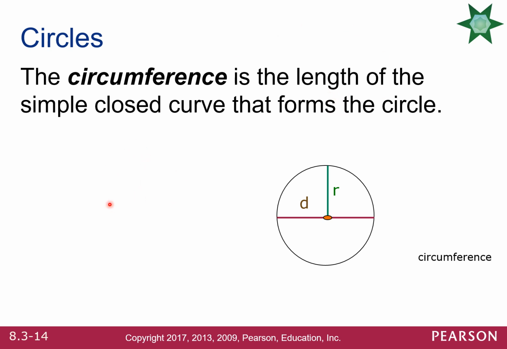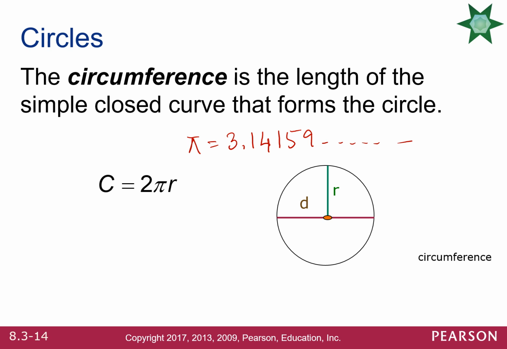And there's a formula to calculate the circumference, and here it is. C is equal to 2 times pi times r. R is the radius and pi is a constant value. Pi has the value of 3.14159 and it's a non-terminating decimal value.